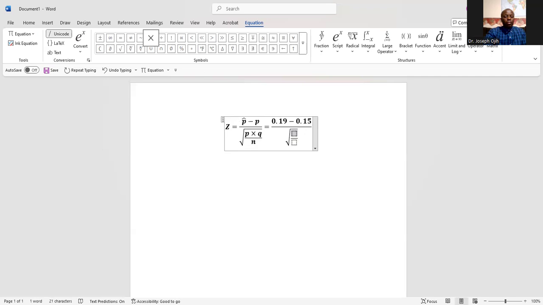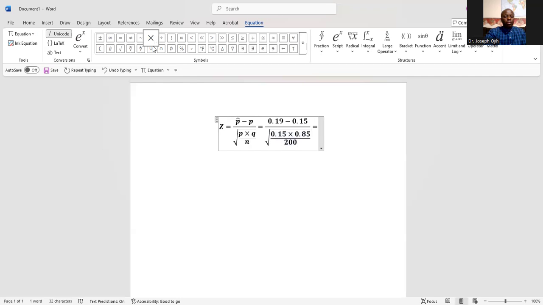P, we know P already. P is 0.15, times Q, which is 0.85, over N, which is 200.